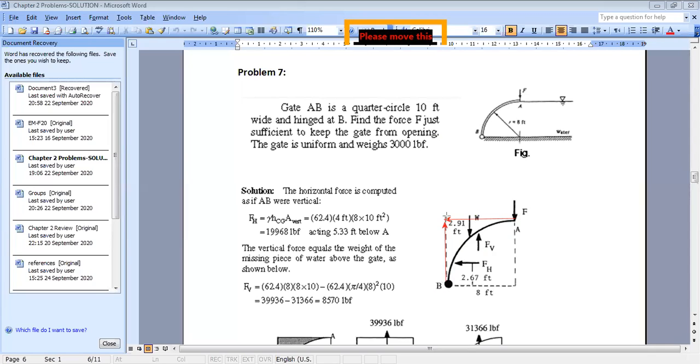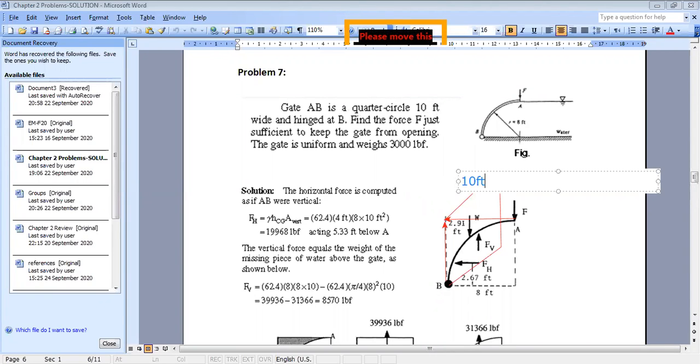We have a certain width perpendicular to the paper, to the board. The width here is given to be 10 feet.